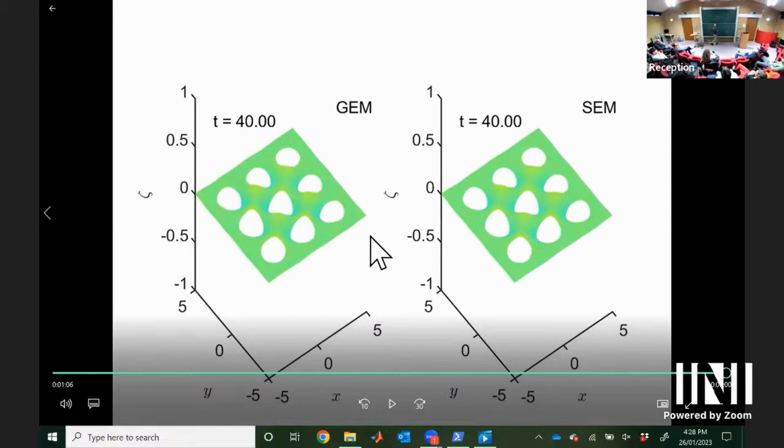Let's go back a second. This is critical to the whole thing. This problem is self-adjoint. We know that these functions belong to the continuous spectrum of the operator, and they are self-adjoint when you do the Green's theorem.